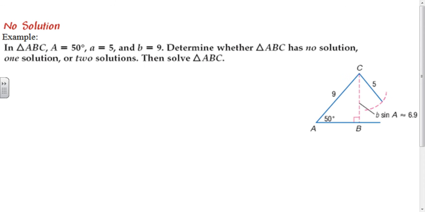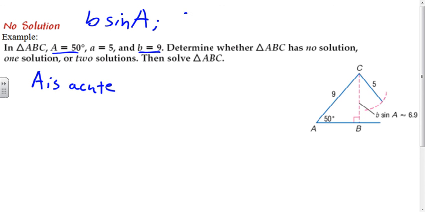What happens, though, in a situation where we possibly don't have a solution? So in this case, they've already given you the picture, but let's say we did not have the picture, and we just wanted to determine from our angles here. So A is acute. So when it's acute, we have to judge off of b sine A. So b sine A, punch b is 9 and A is 50.